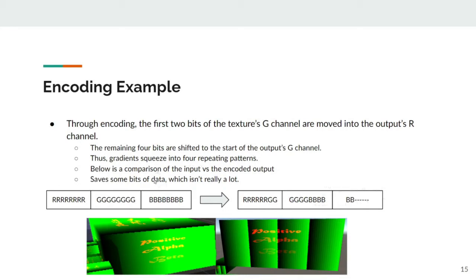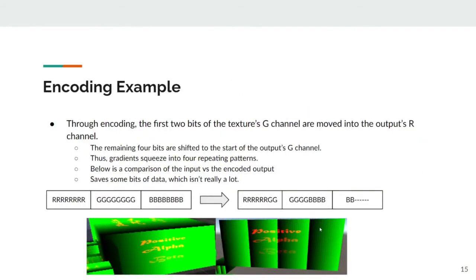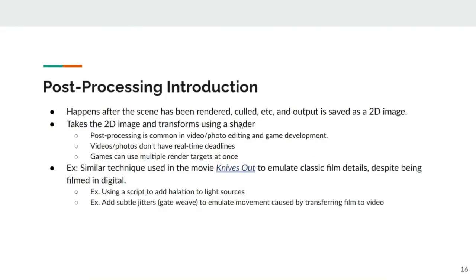So it saves a bit of data, not really a whole lot, but it could be useful if that's all you need to get things going. And after that, it moves on to the post-processing stage. So this is what happens after everything's been rendered, after all the 3D mesh data has been organized into a 2D image of sorts.